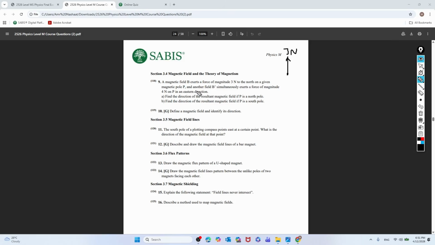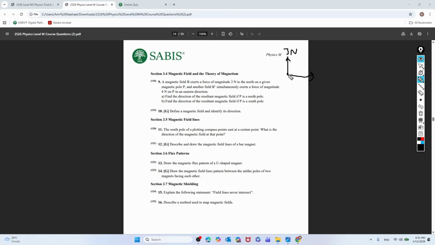And another field B prime exerts a force of 4 newtons to the east, so 4 newtons this way. A, find the direction of the resultant force if P is a north pole, and find the resultant force if P is a south pole.